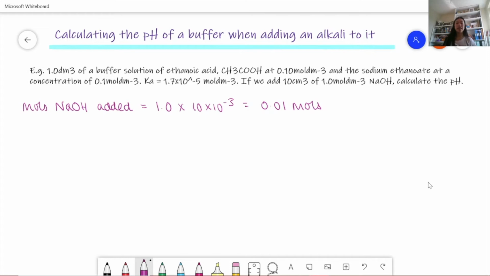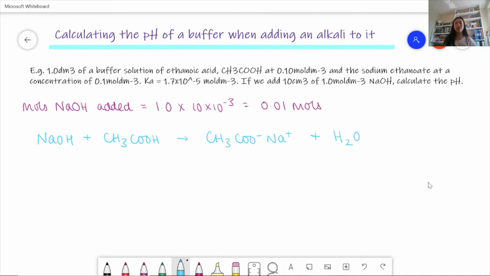So what happens is that the NaOH, the alkali sodium hydroxide, will react with the unassociated acid, ethanoic acid, to form more of the sodium ethanoate and some water. So we have that sodium hydroxide, which is being added, reacts with ethanoic acid to form this salt and also water.